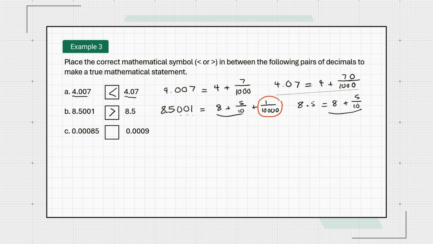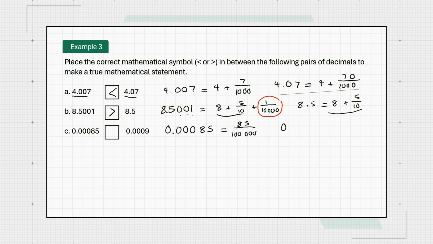If we look at C, we have 0.00085, which is equal to, well, tens, hundreds, thousands, 10,000s, 100,000s. So it's 85 out of 100,000.